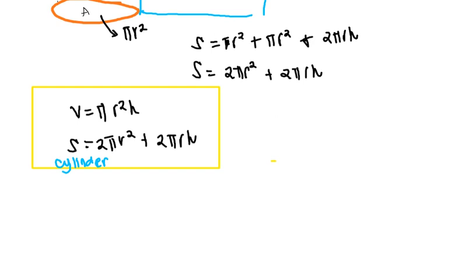So in geometry, a cone is a solid figure nga may isa ka circular nga base and then you have a vertex. So the height of a cone is the distance between sa aton nga base kag sa vertex.